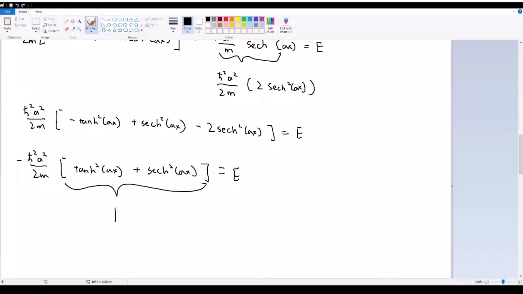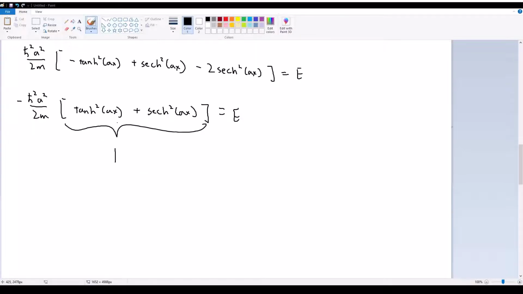If you want to verify this, you can redefine the hyperbolic tangent and hyperbolic secant in terms of complex exponentials, add together their squares, and you can see for yourself that they do in fact equal 1. I'm not going to do that because that's a very tedious mathematical process. So I'm just going to get that the ground state energy is therefore equal to negative h bar squared a squared over 2m.